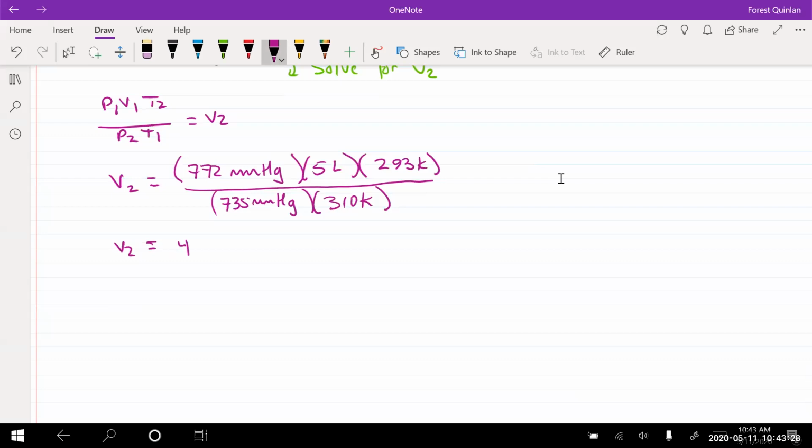4.96 liters. Yeah, see, I didn't get that. I gotta redo it. What you got was something probably ridiculously big, 477,011.9728. Here's how you probably did it. You went 772 times 5 times 293 divided by 735 times 310.